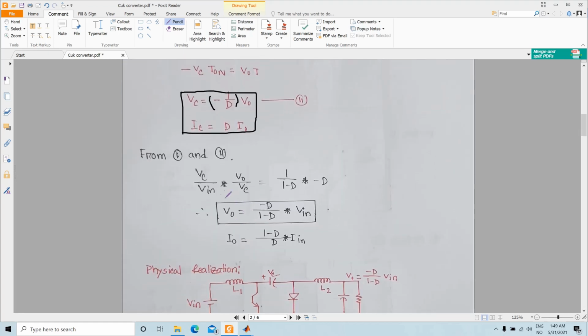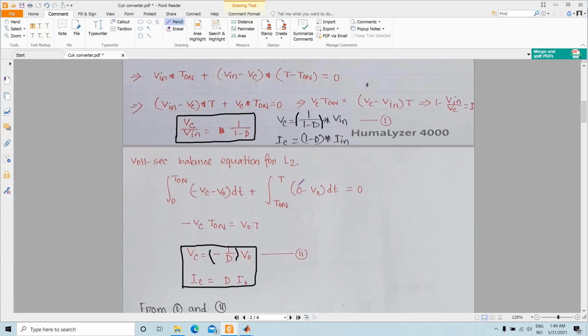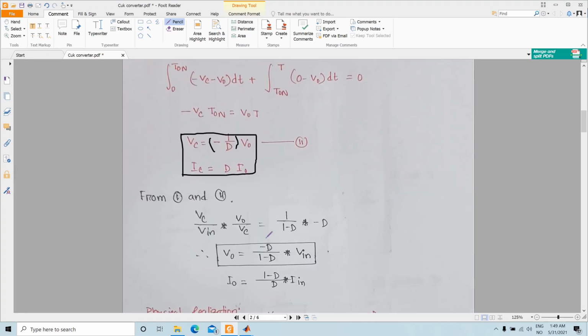Okay, so now in equation number 1, you have a relation between Vc and V in, and in equation number 2, you have a relation between Vc and V out. From equations 1 and 2, by algebraic manipulation, you end up with the V out equation, which is basically minus d divided by 1 minus d multiplied by V in.